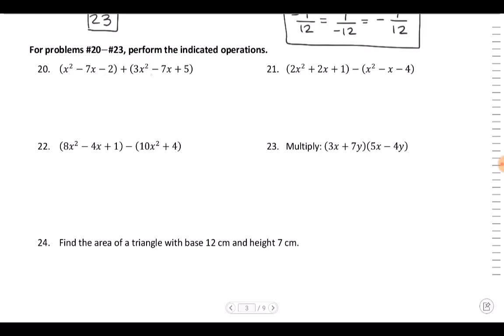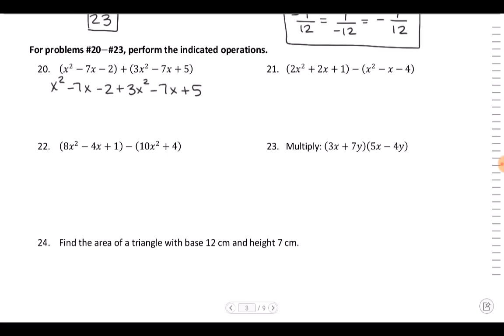And then I have 3x squared and a minus 7x and a plus 5, and none of those are like terms. So I then look to see if I can distribute, and I have nothing to distribute. So I can really just write this without parentheses, like this. And I have plus 3x squared minus 7x and then plus 5.